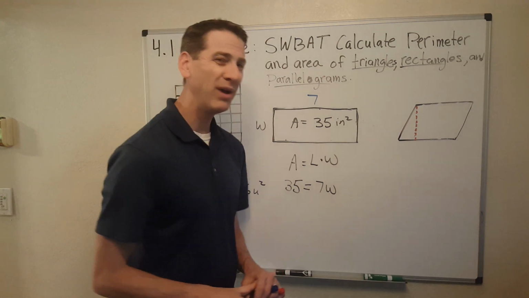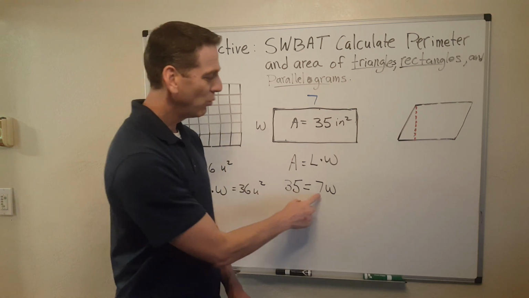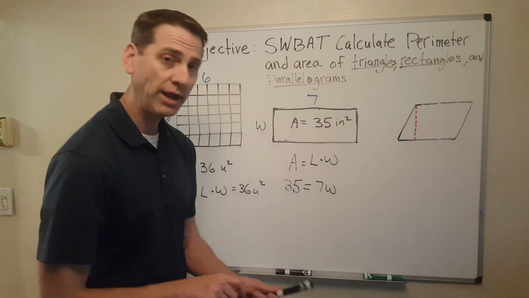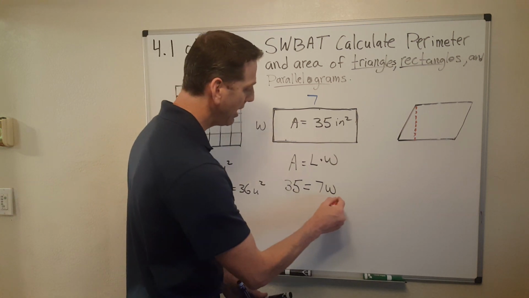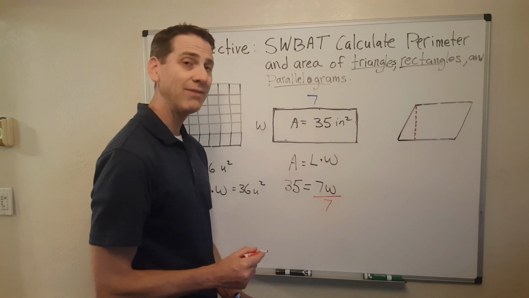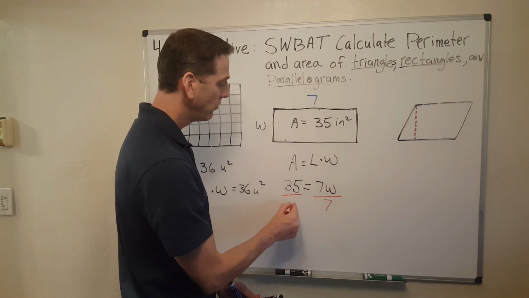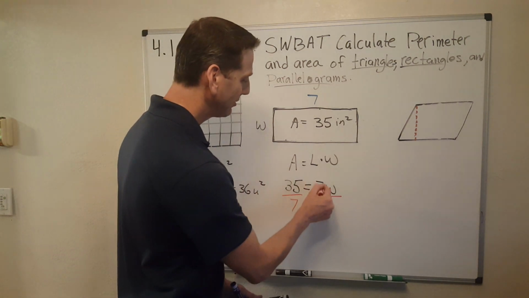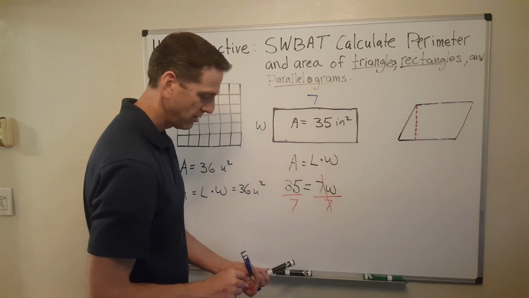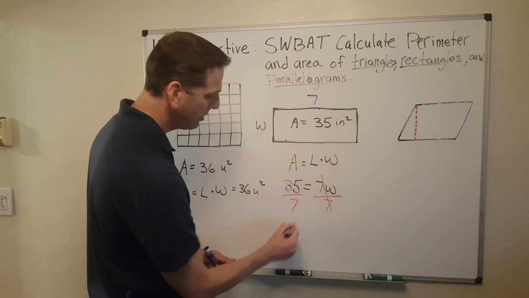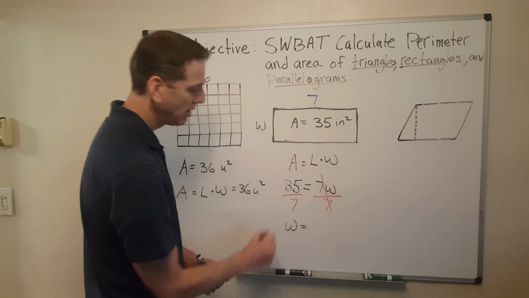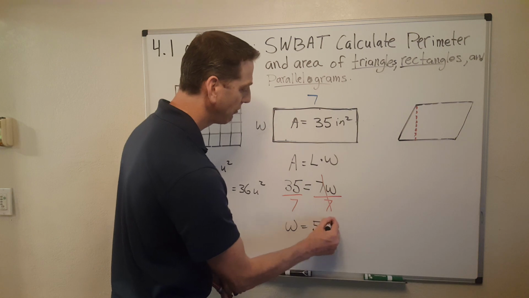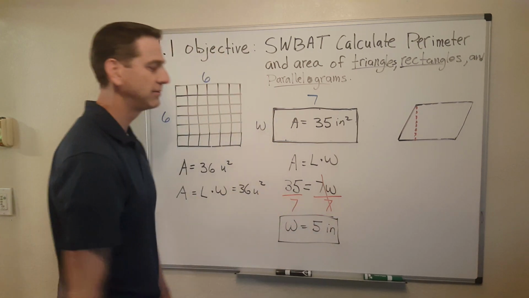Now I just have to solve for W, and I do that by understanding my inverses. What is the inverse of multiplication? Division. You're right. So I'm going to divide by 7. The golden rule: do unto one side as you do unto the other side. 7 divided by 7 is 1, so I get 1W, or just W. And 35 divided by 7, you guessed it, is 5 inches.